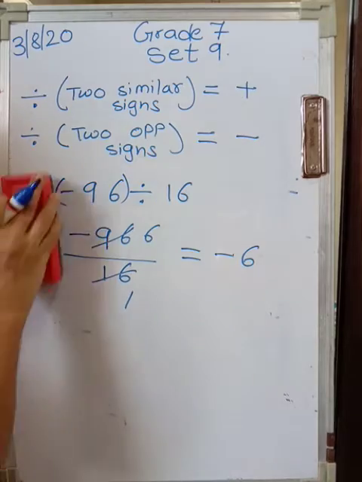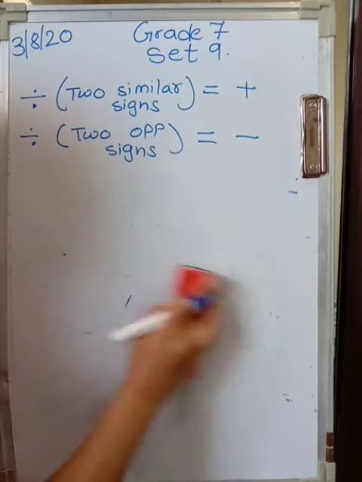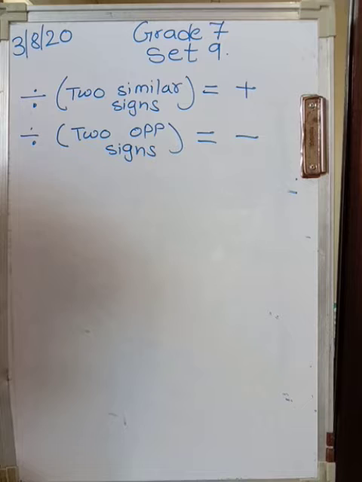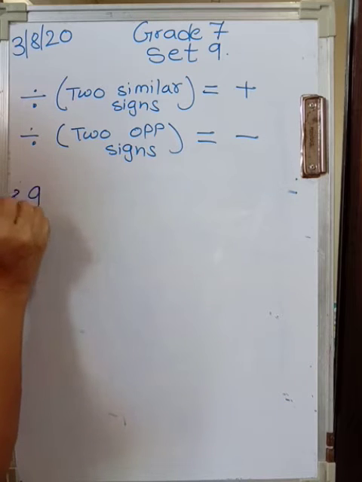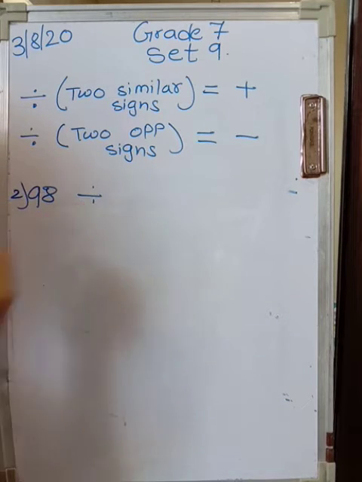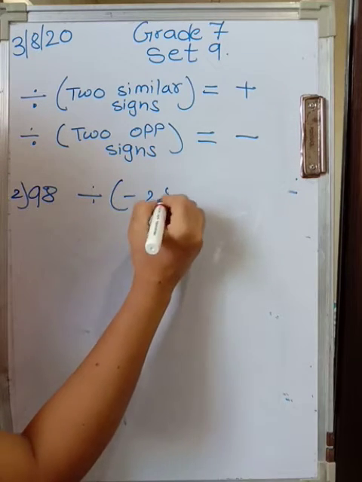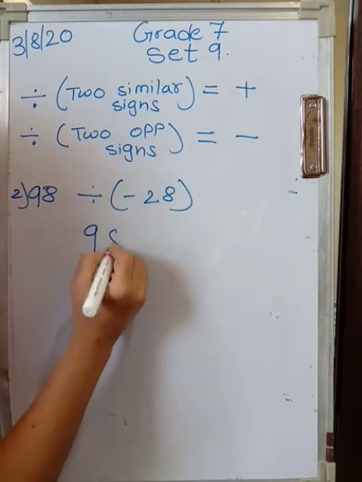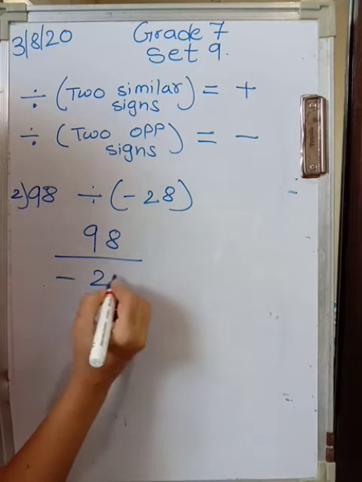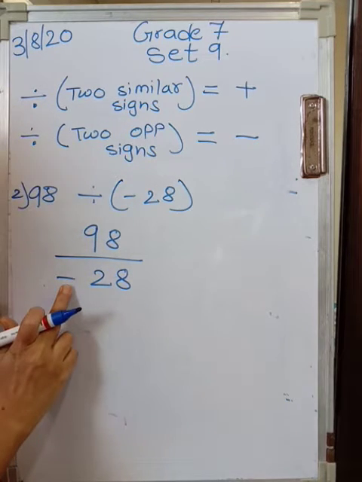Okay. Let's go quickly to the second problem. What we have? 98 divided by minus 28. Okay, so it is as good as 98 upon minus 28. Now see, the denominator has a negative sign.